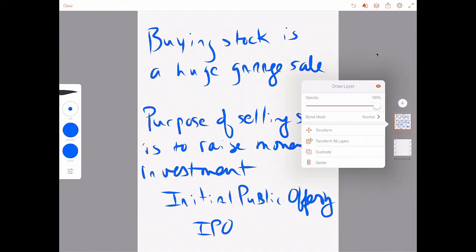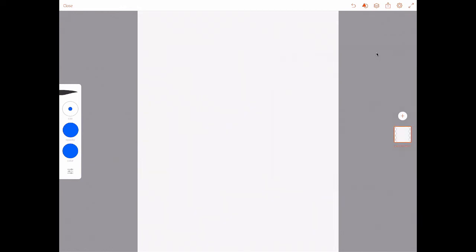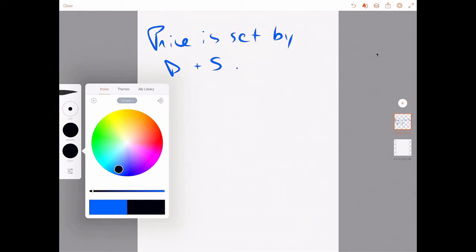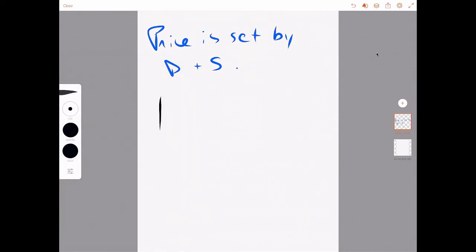After that, the price of the stock is set by the market. The price is set by demand and supply. And so basically what's going on is that the price of the stock in the stock market is just subject to this.